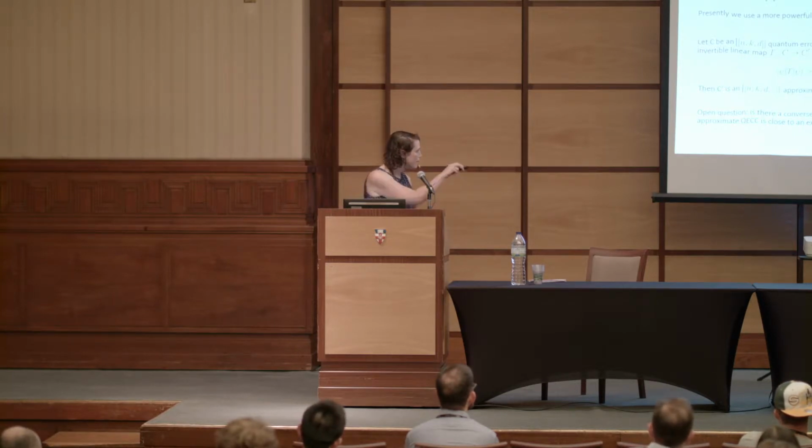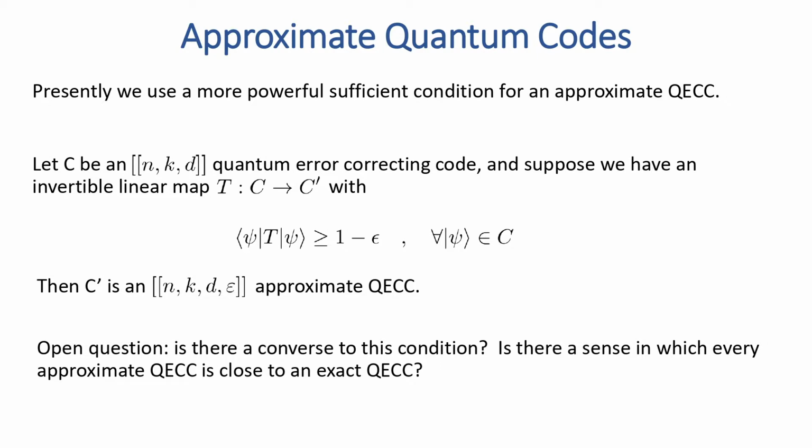So you start with a proper code space, and then you consider an isomorphic space within the same Hilbert space that is just shifted by epsilon. Then it turns out that this C prime, this shifted space, will be an approximate quantum error correcting code with error parameter epsilon. In other words, the previous condition said that if your basis code words are close, then you're in an approximate code. But this now gets better scaling of parameters by saying that the entire subspace is close.